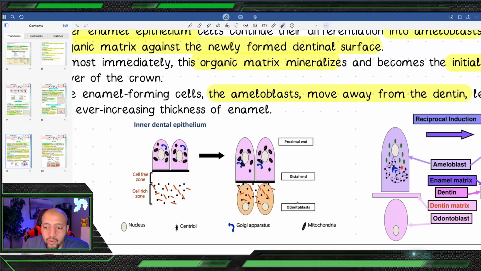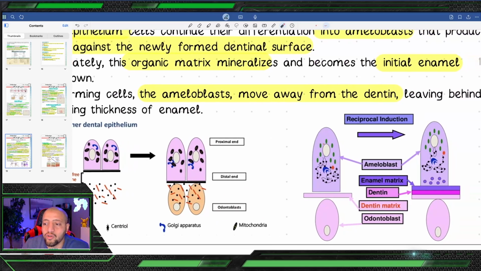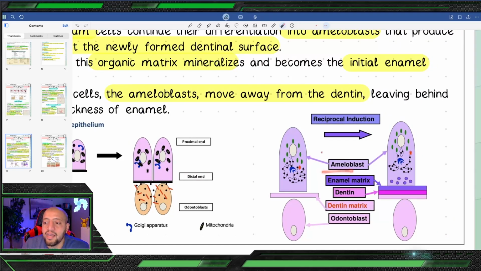Then we end up with odontoblast differentiating on the inside, and the other end is coming from outside, which is going to give us ameloblast. This ameloblast will give us enamel matrix, and this dentin formation will go back to the pre-ameloblast to be differentiated into ameloblast to give us enamel.